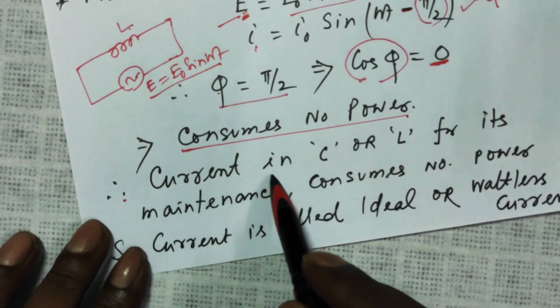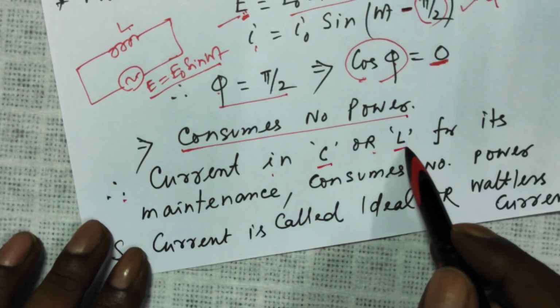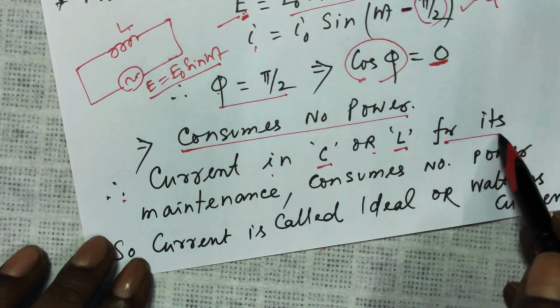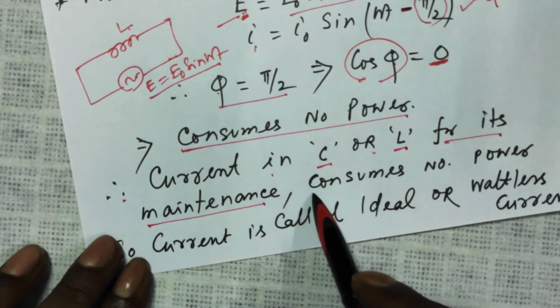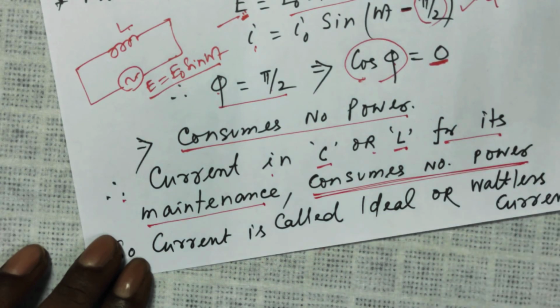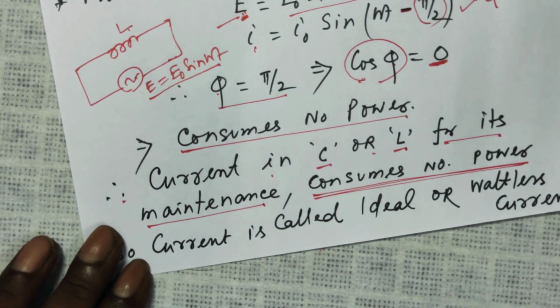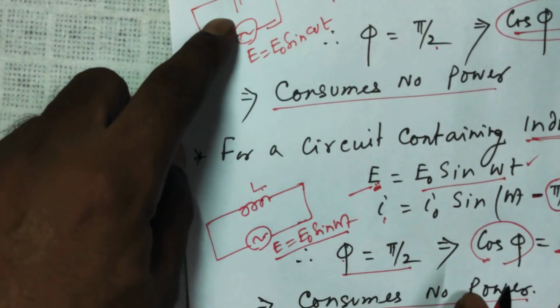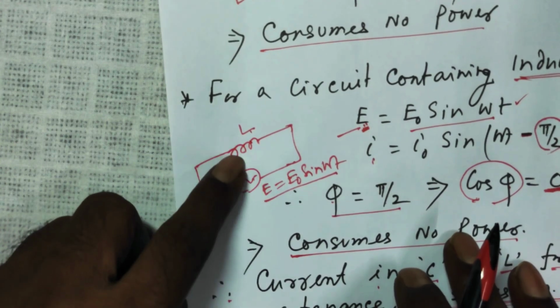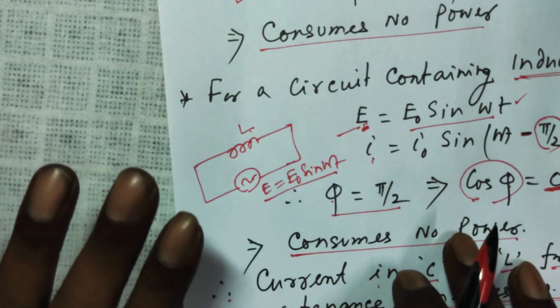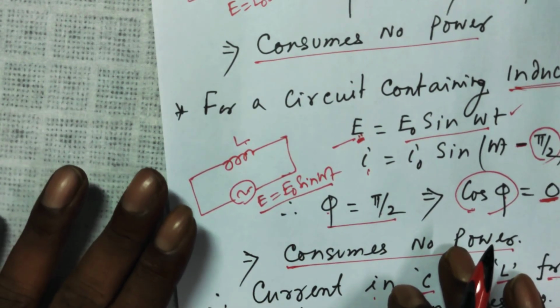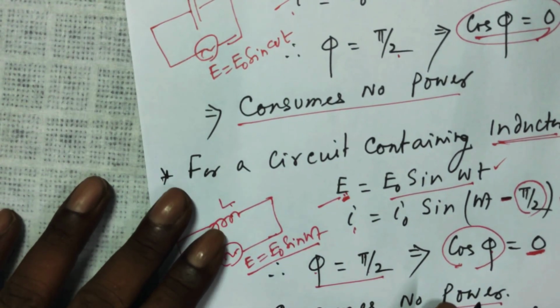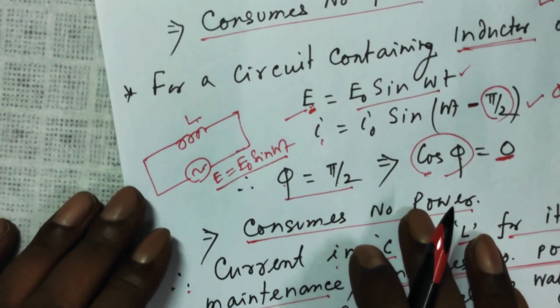So therefore the current in a capacitor or inductor for its maintenance consumes no power. So the current that consumes no power, which current? That flows either in a capacitor individually or in an inductor individually, they do not consume power. But if there is a resistance, it will consume power because for a resistance, phi has some value.